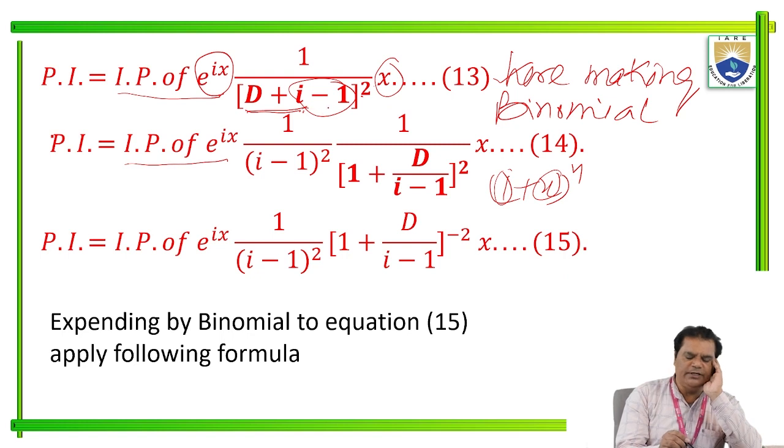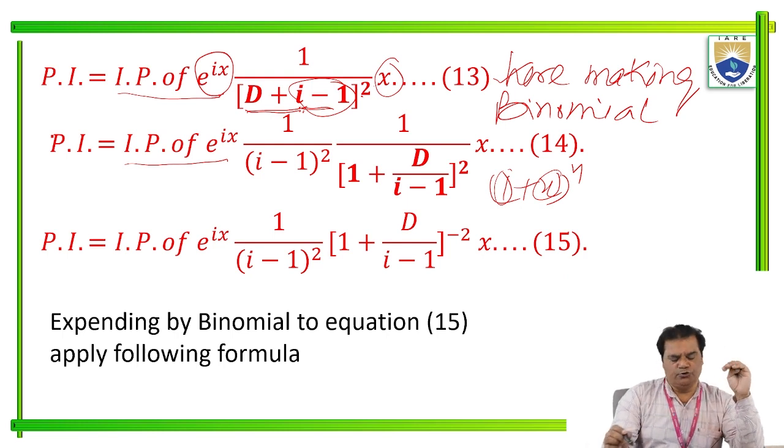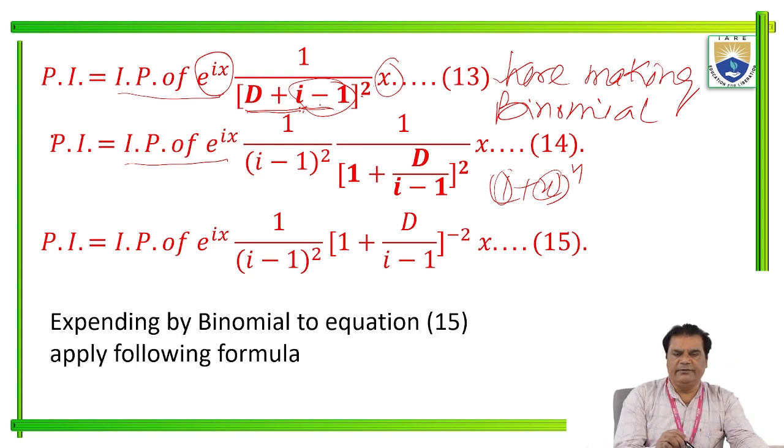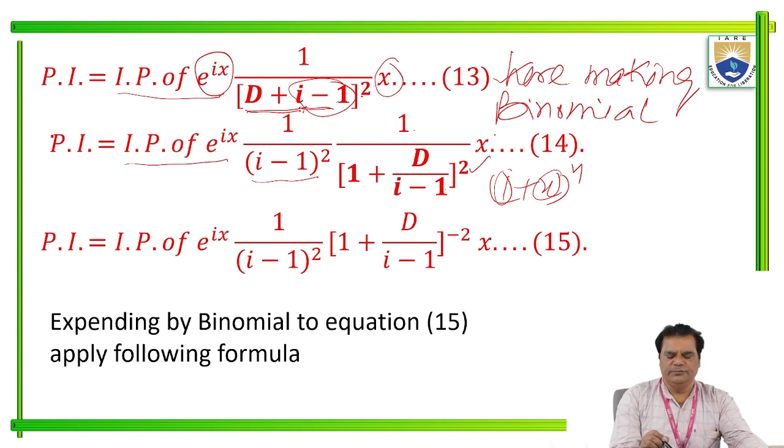In equation 14, the lowest power is (i minus 1) into D to the power 0. So (i minus 1) is taken common, then we get 1, and the other term is D upon (i minus 1). But here it is a whole square, which means (i minus 1) whole square is taken common. So we get (i minus 1) whole square into 1 upon (1 plus D upon (i minus 1)) whole square into x. This is equation 15.